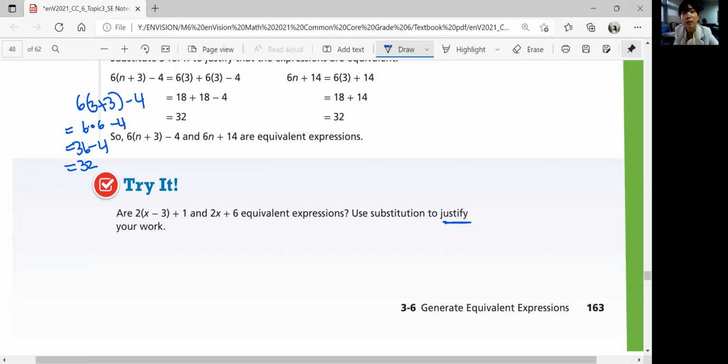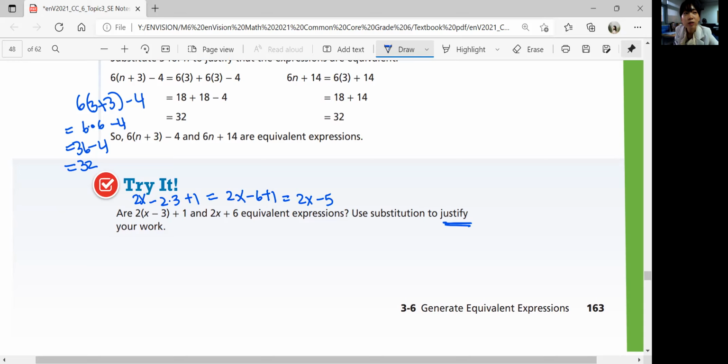And you need to justify later, okay? 2x minus 2 times 3 plus 1 is 2x minus 6 plus 1 is 2x minus 5, right? Is 2x minus 5 equivalent with 2x plus 6? No, we don't think so.